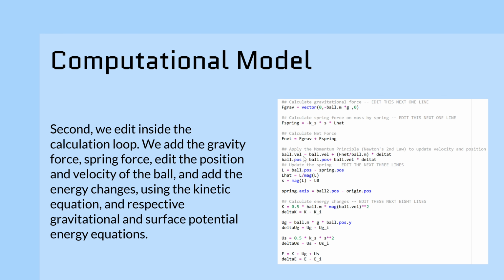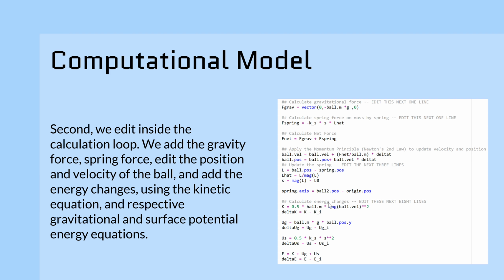Then our ball velocity and ball position update formulas using Newton's second law, and again our update for our spring position. These are all in the while loop, updating every time we tick in the computational model.